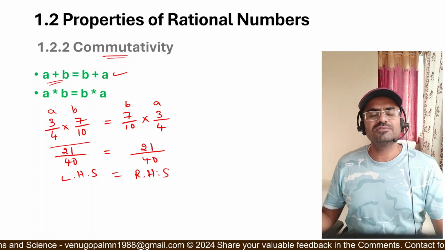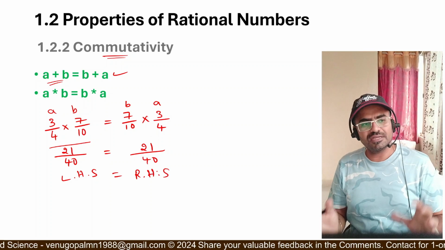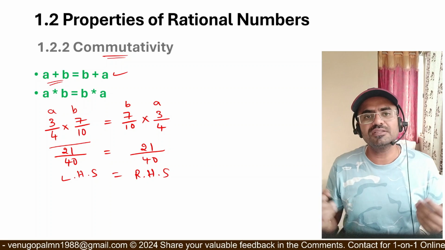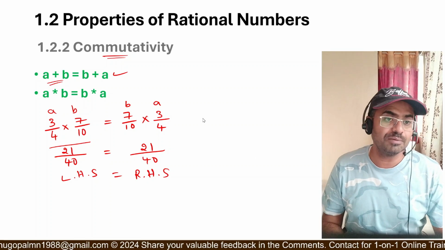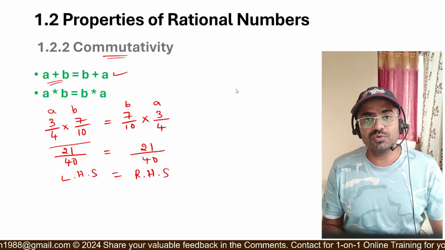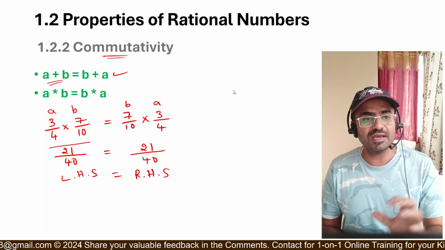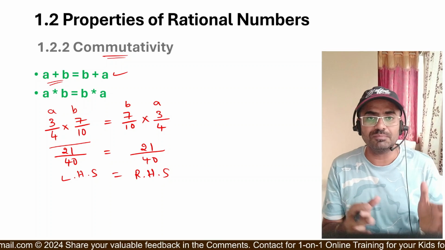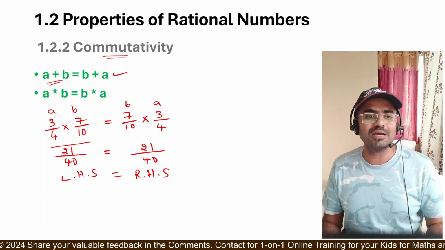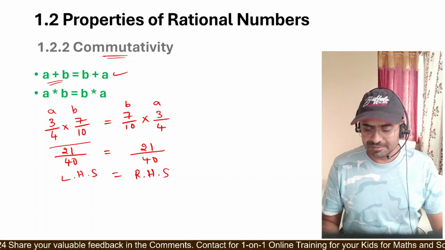So you can interchange the numbers, and if the interchange results in the same value, we call that property commutativity. In your NCERT book, in chapter 1, they have given an example related to these properties. That's the reason I am covering this property in detail.